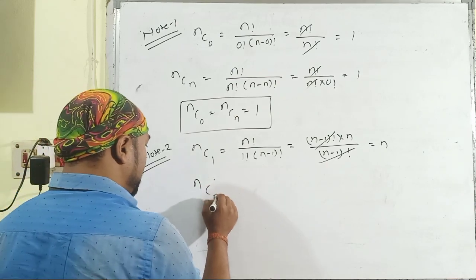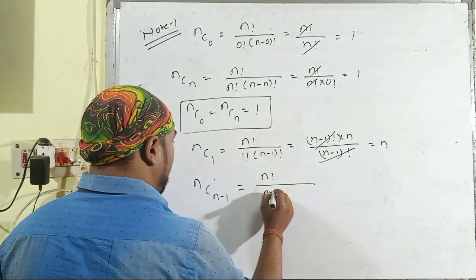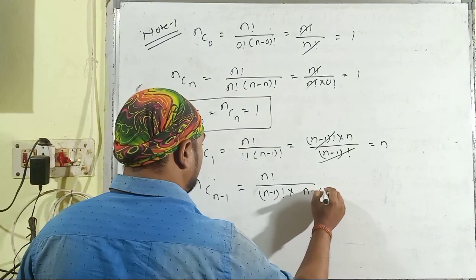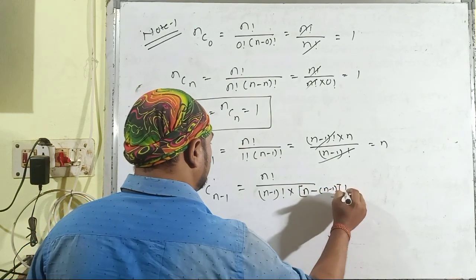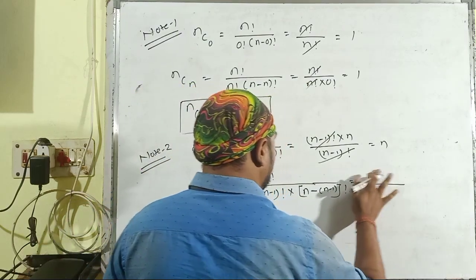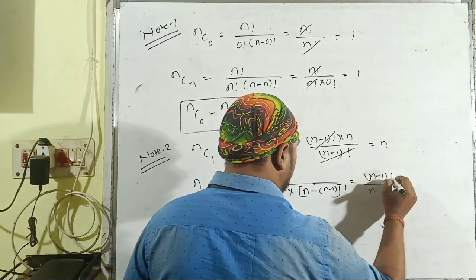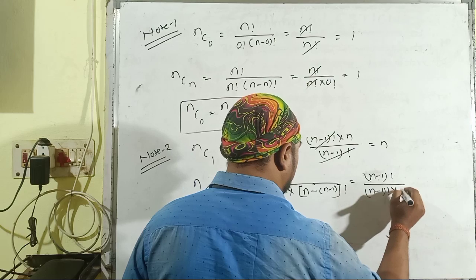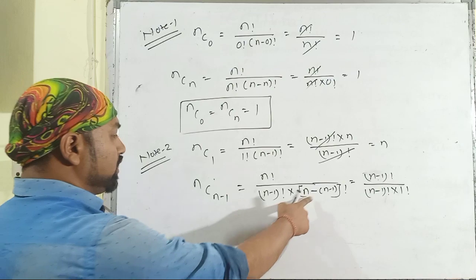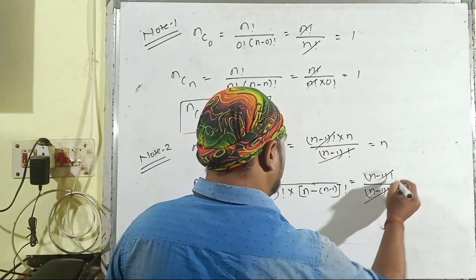Similarly, let us find out nC(n minus 1). So it will be n factorial divided by factorial of n minus 1, multiplied with the factorial of n minus 1 factorial. Let us express this n factorial in terms of n minus 1 factorial. That means it is factorial of n minus 1 multiplied with n, divided by factorial of n minus 1 multiplied with 1 factorial.